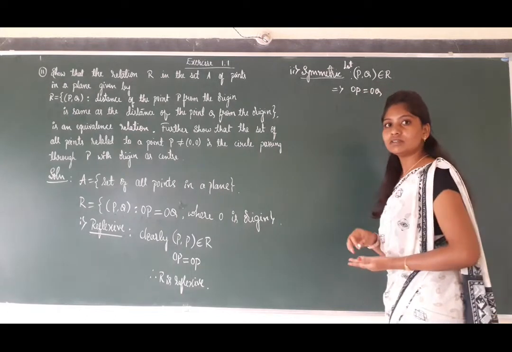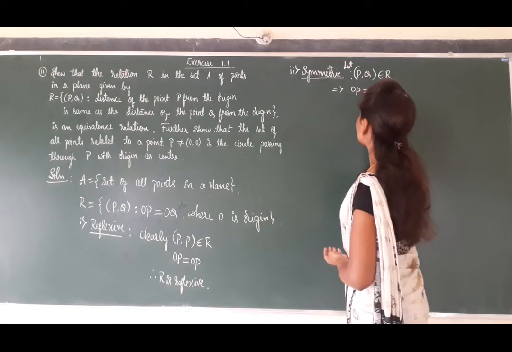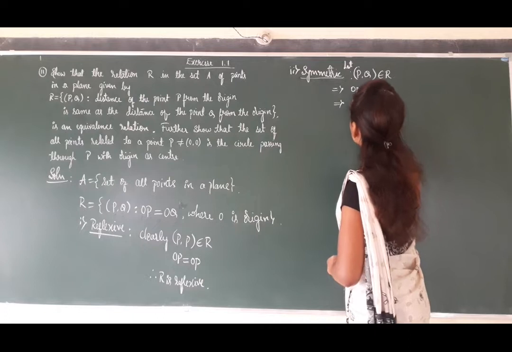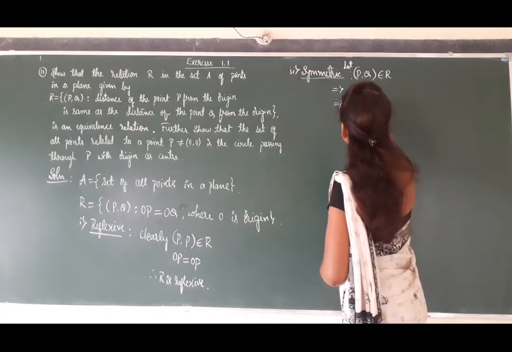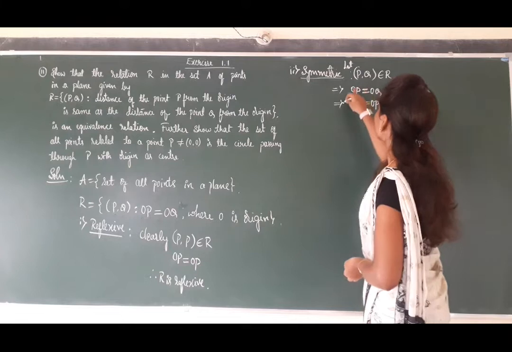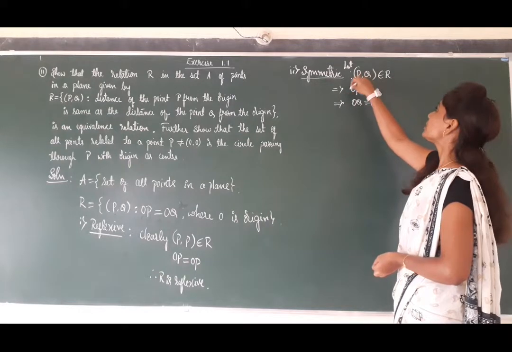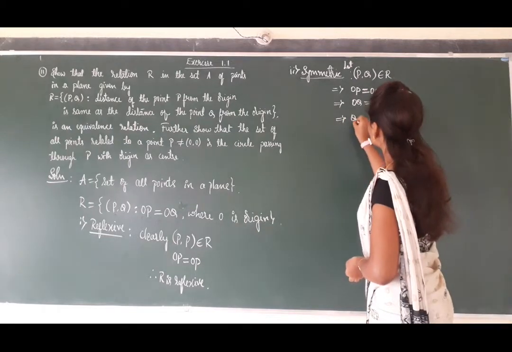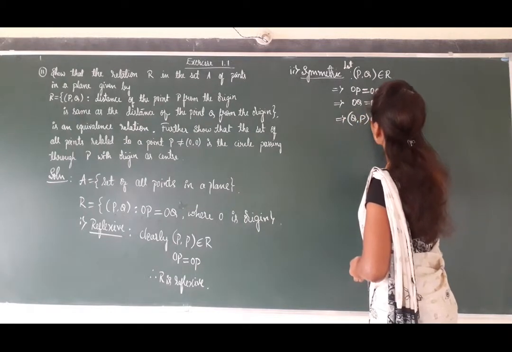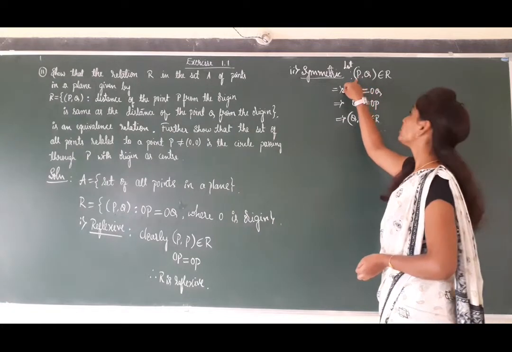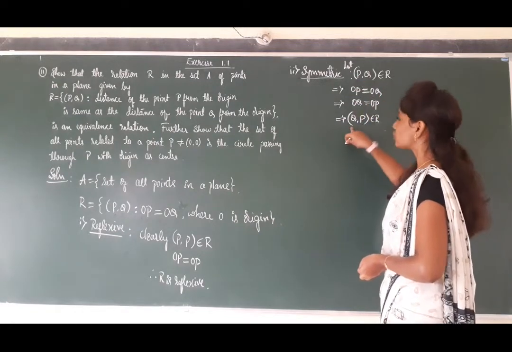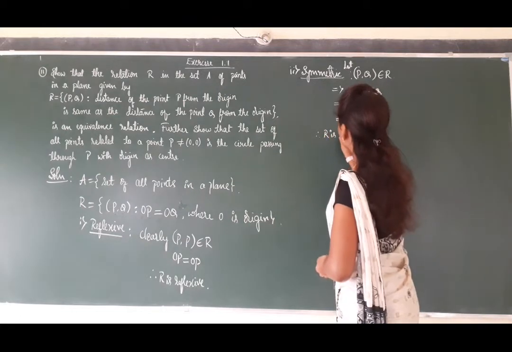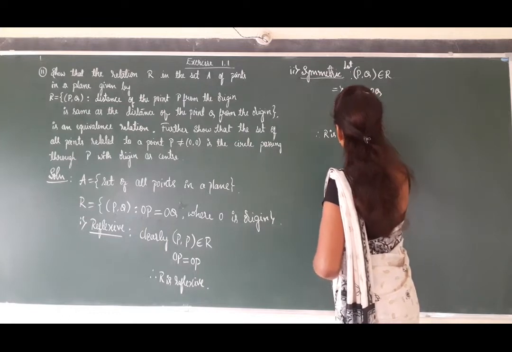Here the equal sign is there, which means OQ is obviously equal to OP. OP equals OQ means (P, Q), and OQ equals OP means (Q, P) belongs to R. First I am taking (P, Q) belongs to R, then showing (Q, P) belongs to R. Therefore R is symmetric.